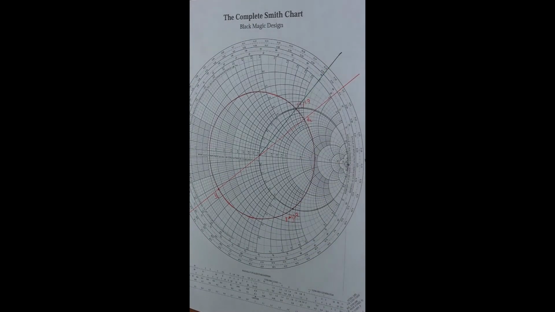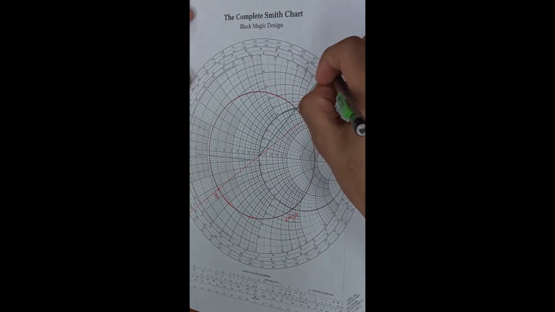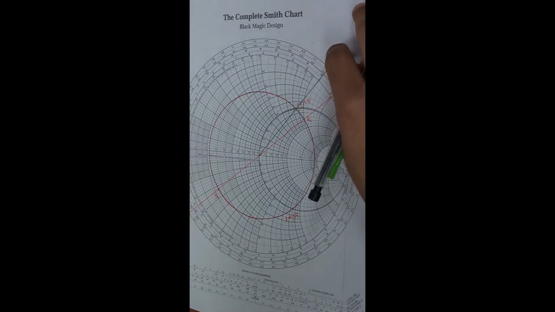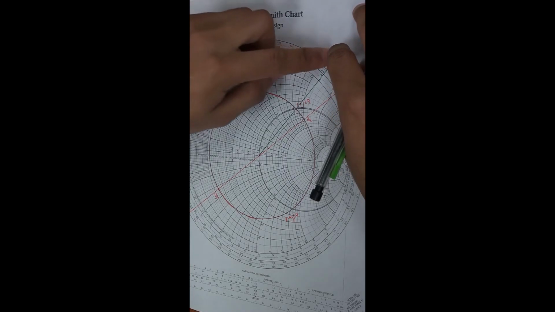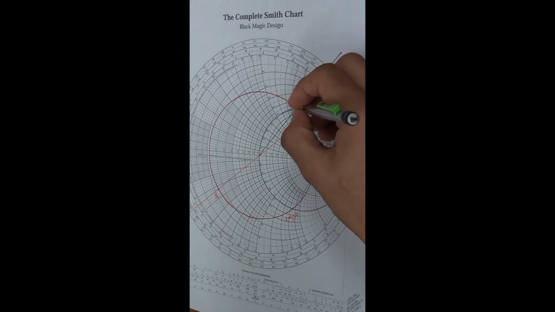So once we have our line for the distance d already set up, that line will indicate the position where we need to walk towards the generator in order to find a match network for the real part.